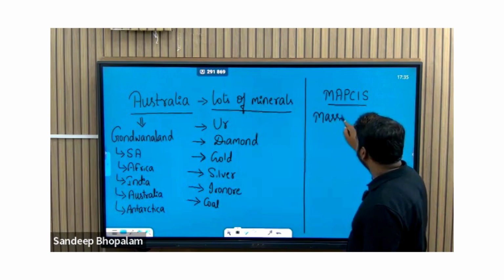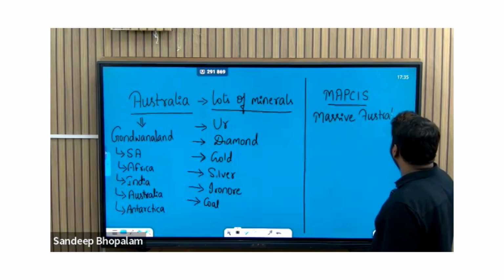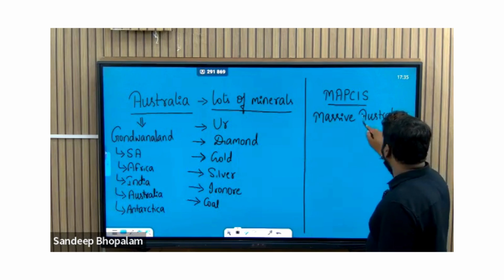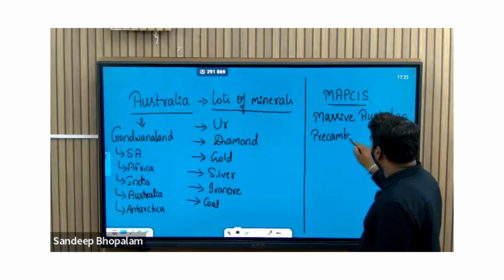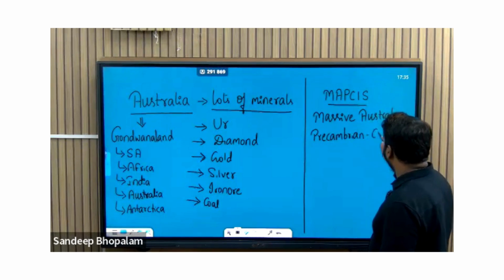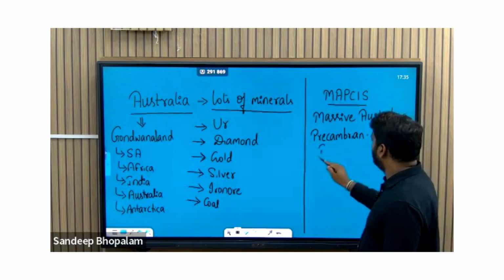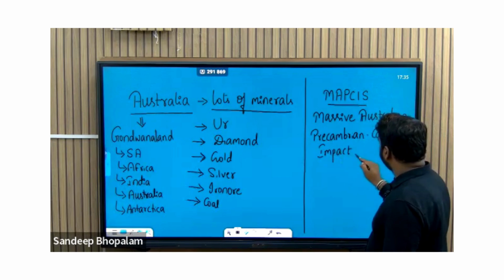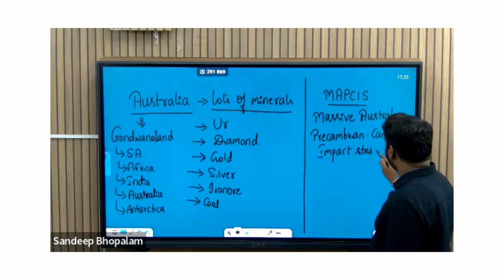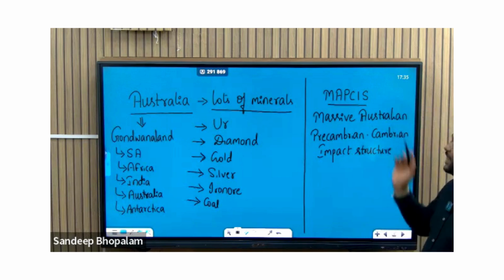MAPSIS is Massive Australian Precambrian, Cambrian impact structure. A very simple question can be MAPSIS.